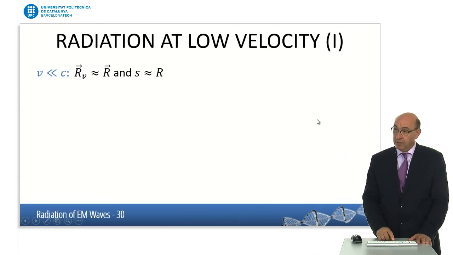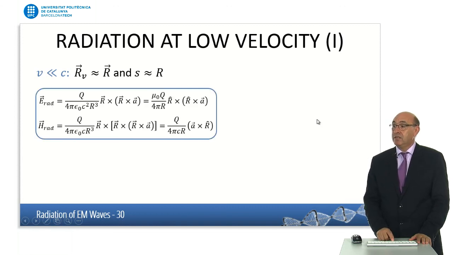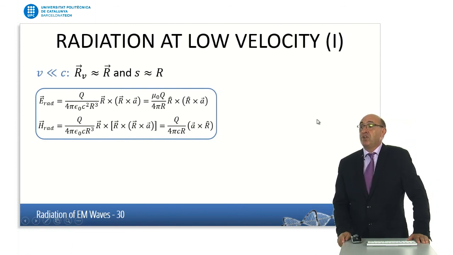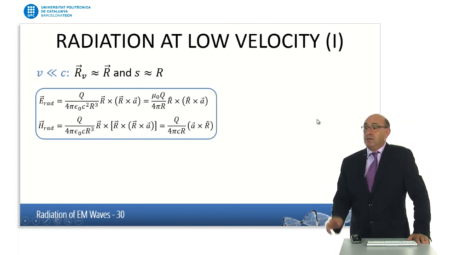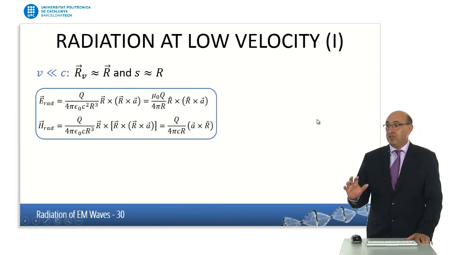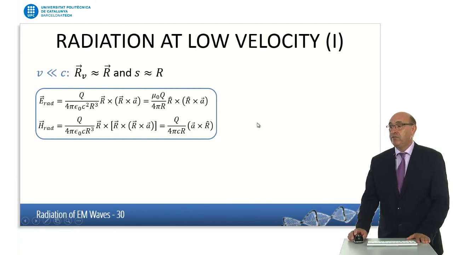Low velocity, in this case, compared to the speed of light. Then we can simplify the expressions, and we just forget about the induction fields, the near field, and we just concentrate on the faraway fields.